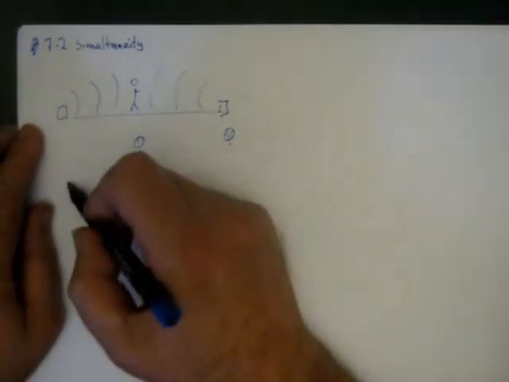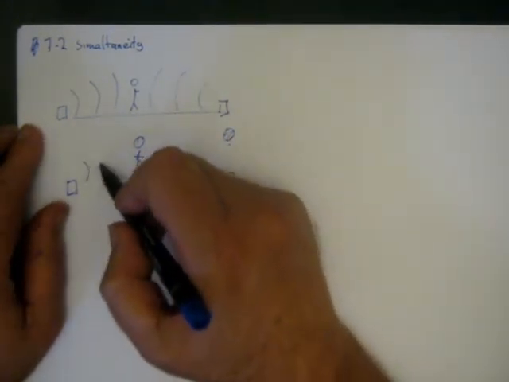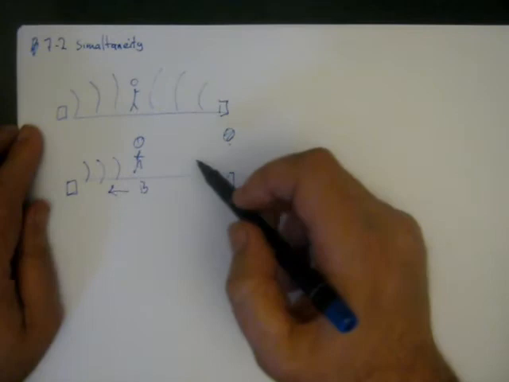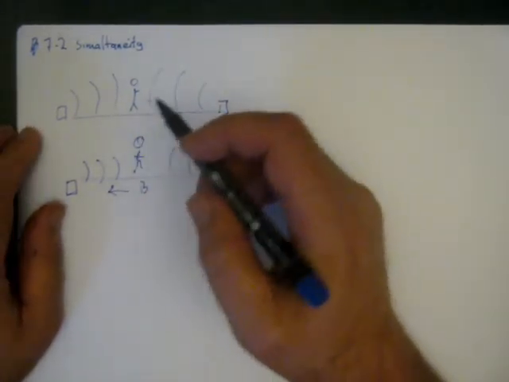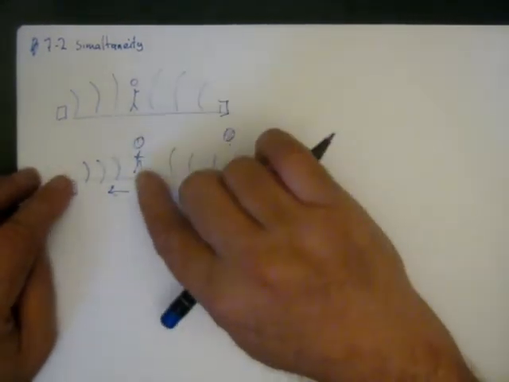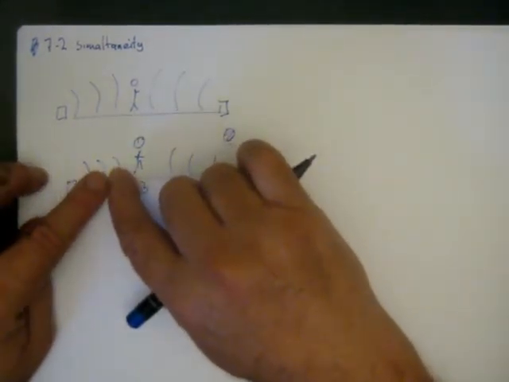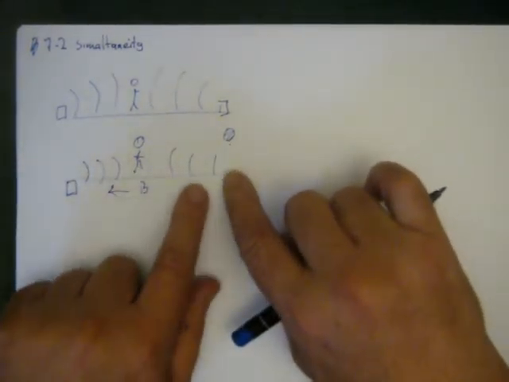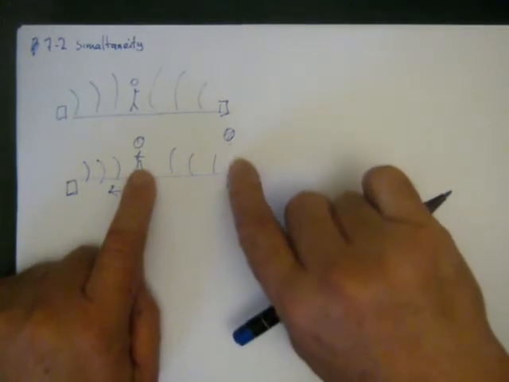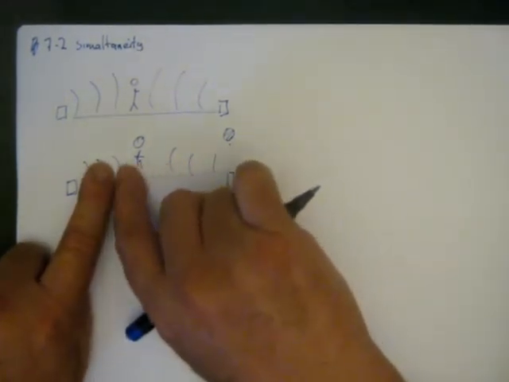Now what happens is that it takes a physical amount of time for the light to get to me. And as this light's approaching me, I'm approaching it. So this means I'm going to see this before I see this, because as I'm going away from this, it takes a physical amount of time for that to catch up, but I'm also going that way, so it takes longer.